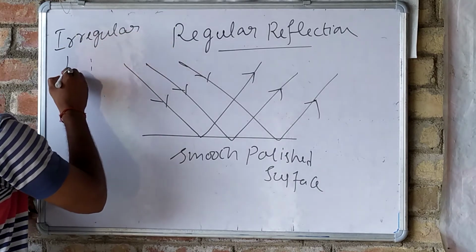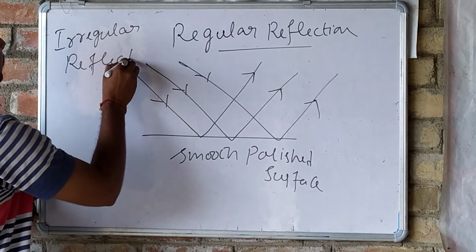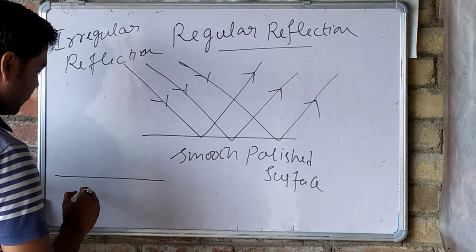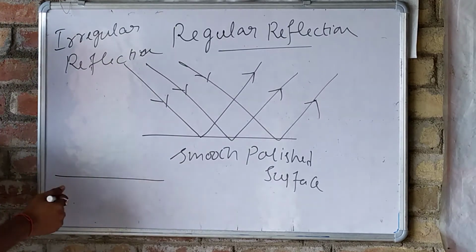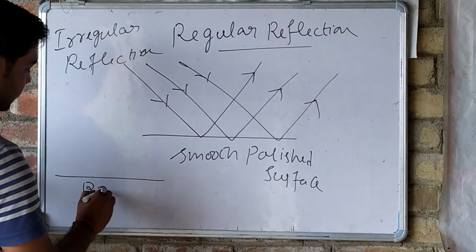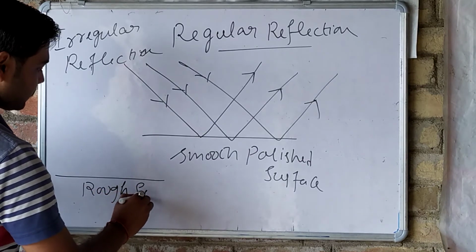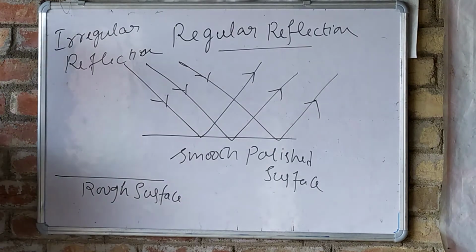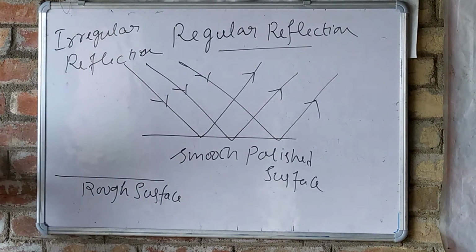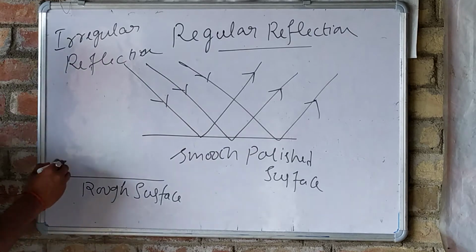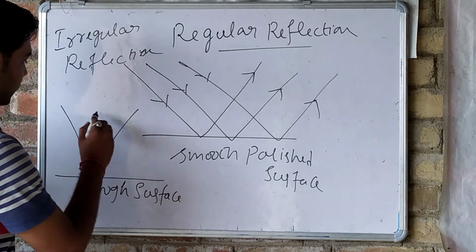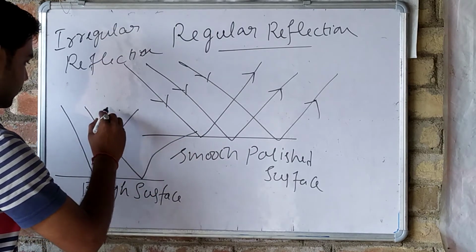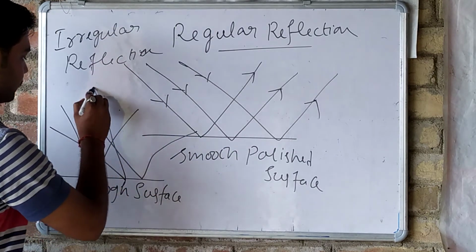Irregular reflection means what? Suppose see here, we will have a surface, some rough surface. Consider it as some rough surface. After striking this rough surface, the rays of light go something like this.